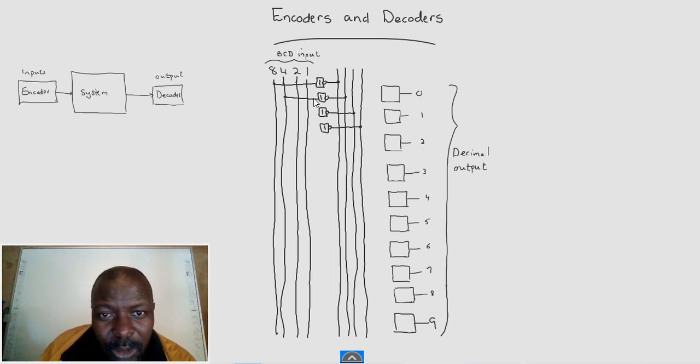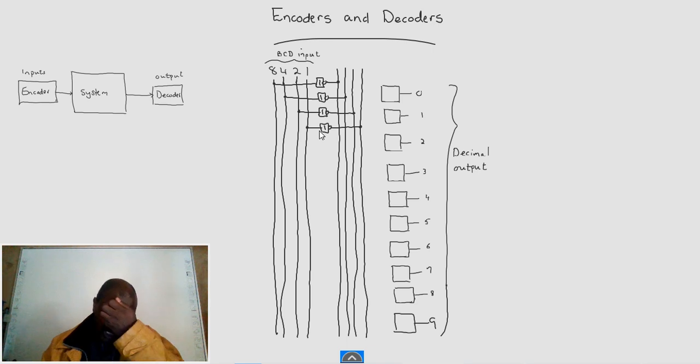It's easier for me to put it in the same order. So I know this is an 8, this is a 4, they have the same order on the other side. So this is my 2. If you don't put them in the same order, you have to keep worrying about which one is it, double checking and everything. So it's easier for you to just put it in the same order.